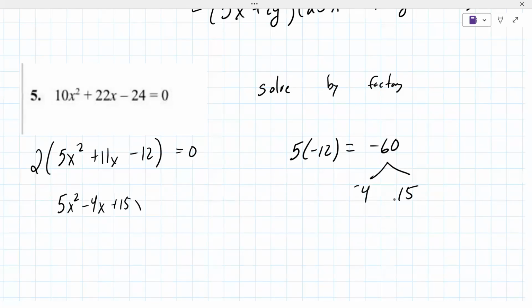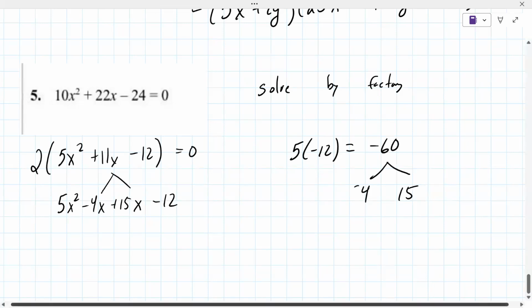Wait, is there a way that you have to divide the 15 and the 4 by one of the numbers in the parentheses? No, you're just splitting apart the middle term. Oh, all right. And then you're figuring out what's common in the first two. So what do you factor out of the first two?